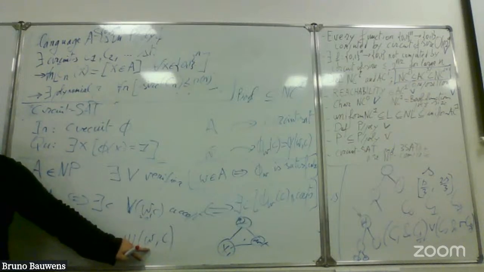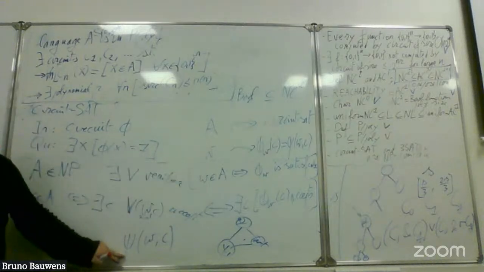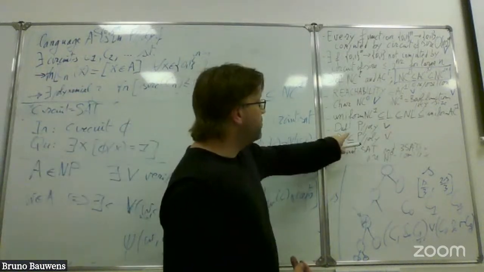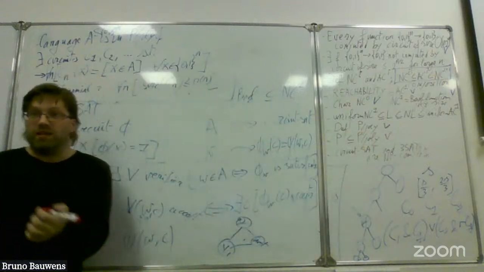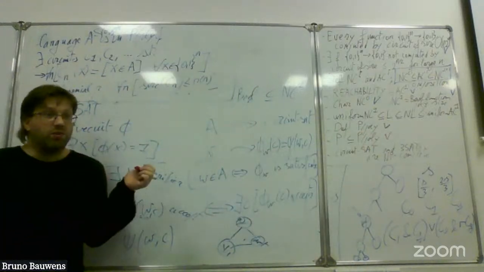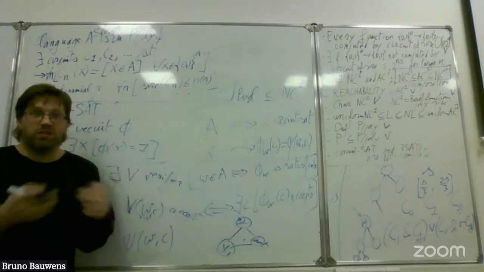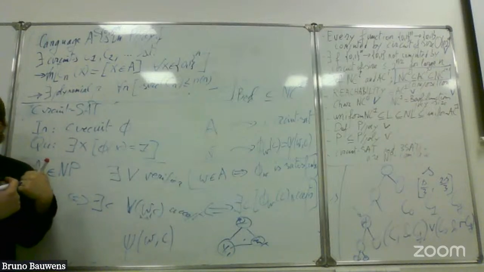So when we build the reduction on input W, we just compute the circuit psi, which is a fixed procedure that we just got from this proof that P is in P/poly. So we don't know that the circuit exists, but it's easy to compute for every input length. So we run this computation and then we fix a part of the input.